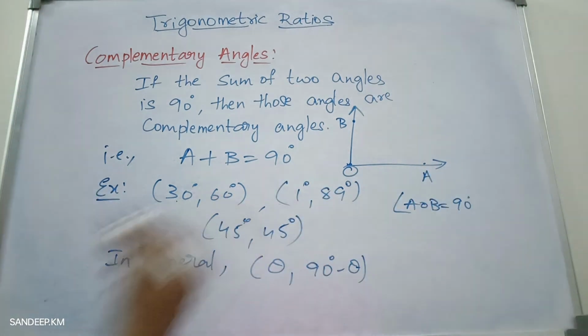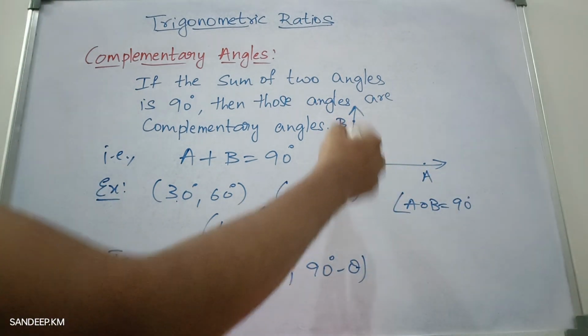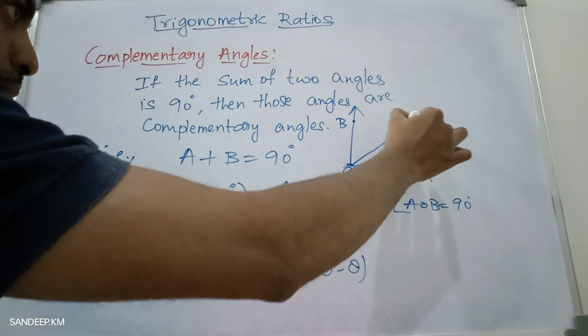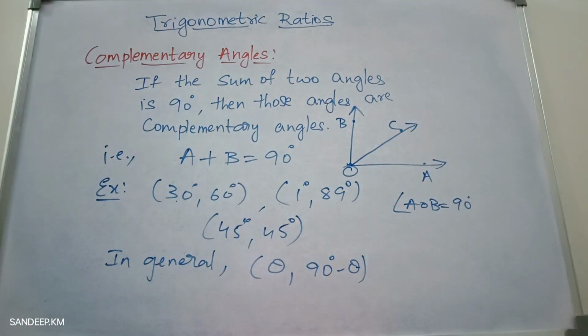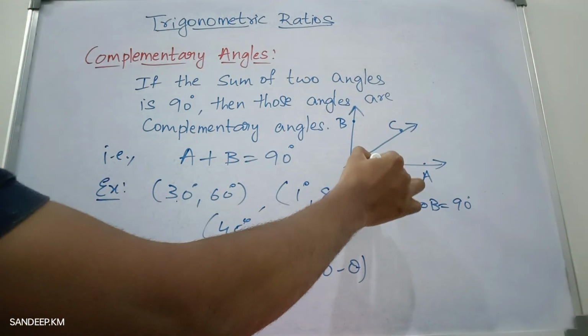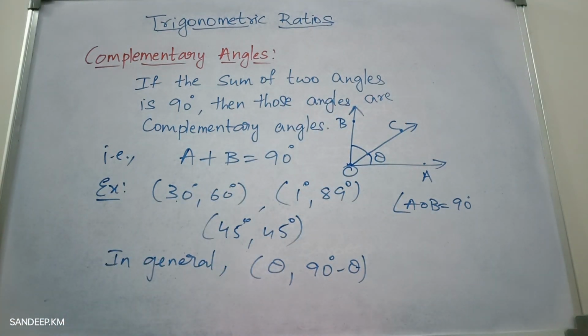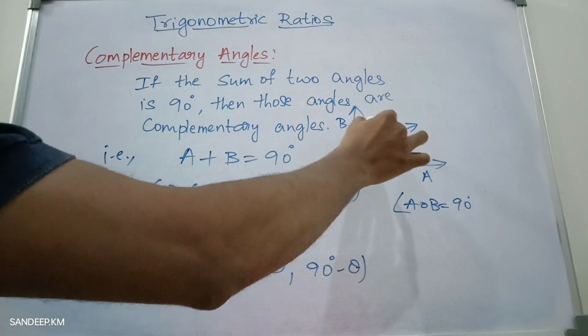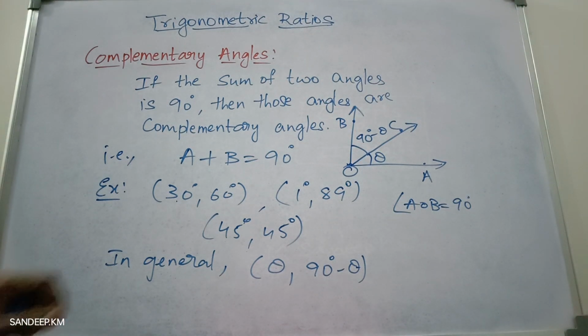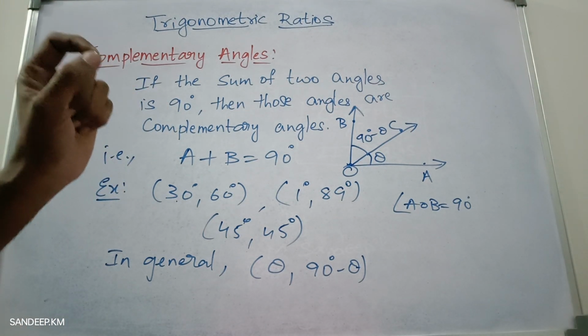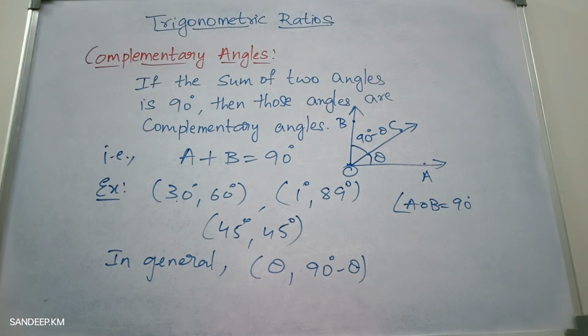Take any one ray between OA and OB, for example this ray, let it be OC. If this angle is theta, then automatically the remaining angle is 90 minus theta. This is how you can see complementary angles geometrically.